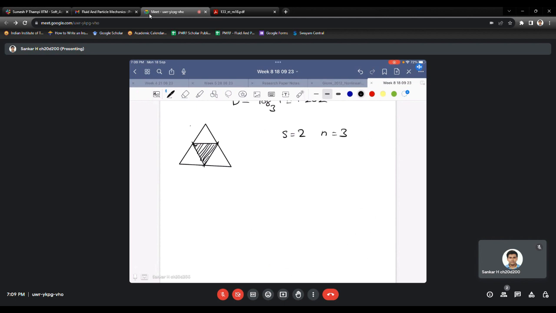Similarly, if I continue this, I'll be removing a piece from here, a piece from here, a piece from here. If I repeat this, I'll again have to remove a piece here, here, everywhere I have not done.